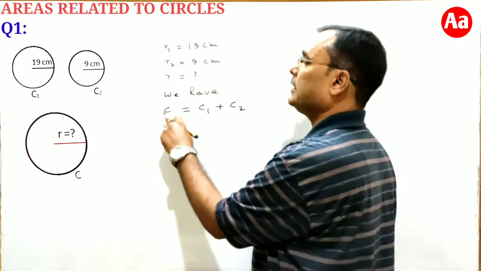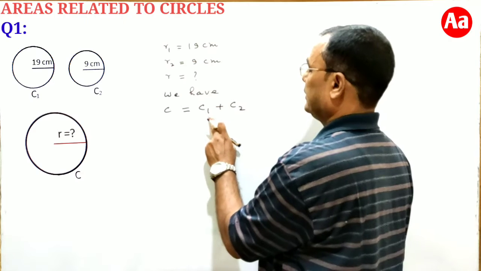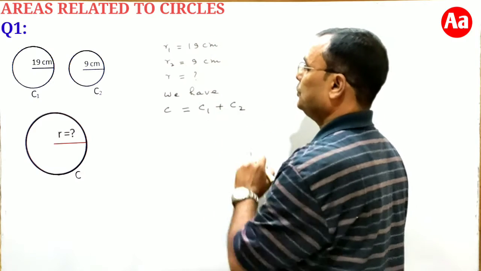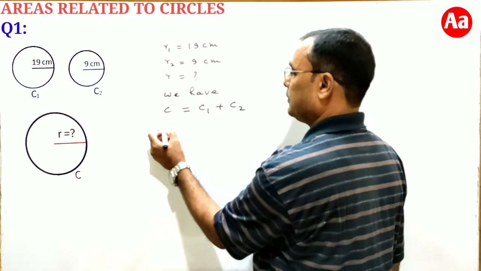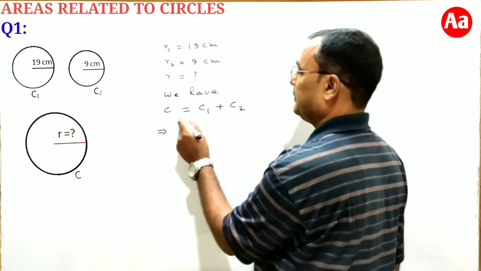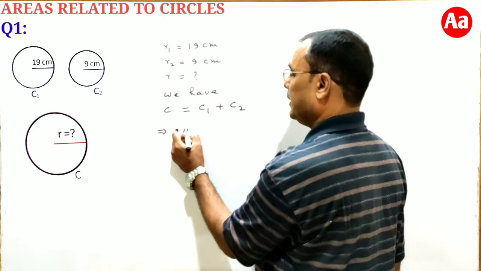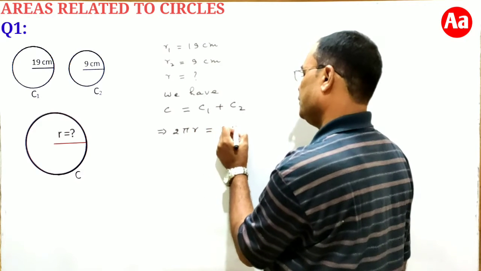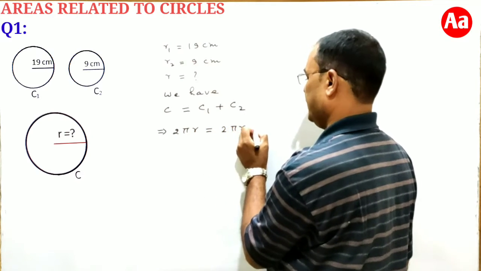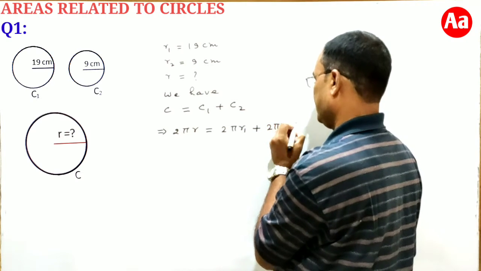C is circumference of the required circle. C1 and C2 are circumferences of the two given circles. So we can use formula for circumference of circle and we can write 2 pi r is equal to 2 pi r1 plus 2 pi r2.